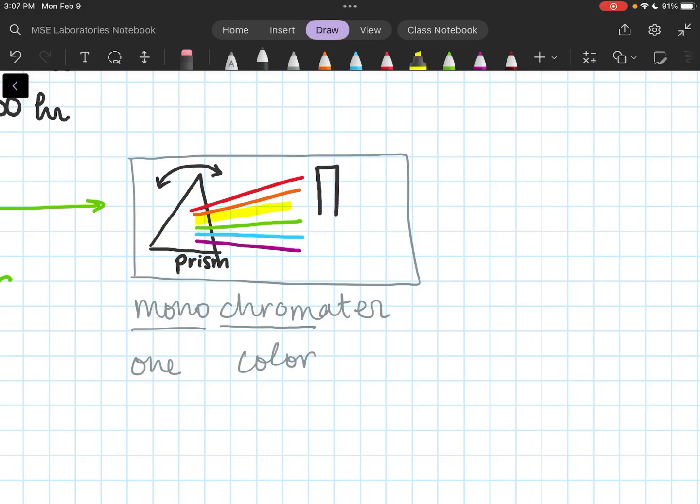And then within the monochromator, I also have these big light blockers. As the prism turns, it's going to send one specific color through those light blockers at a time.